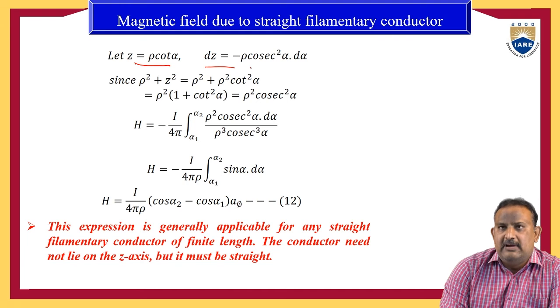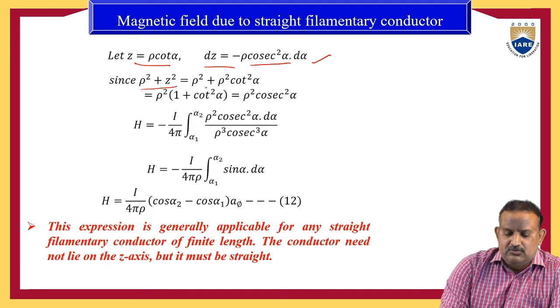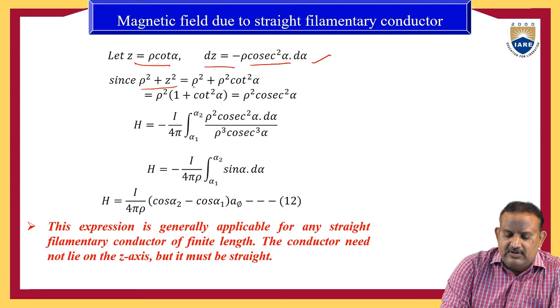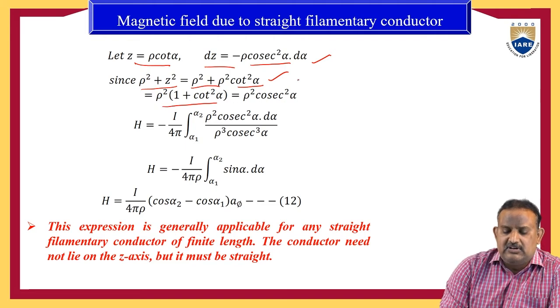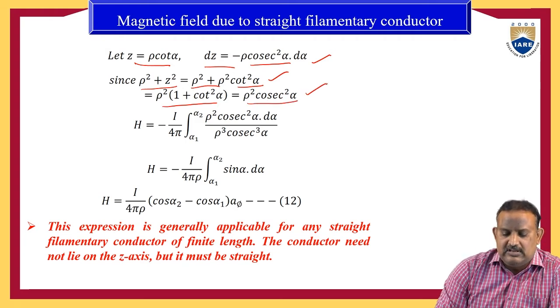Therefore, dz equals minus rho into cosecant square alpha into d alpha. We have rho square plus z square. In place of z square, if you substitute rho square cot square alpha, we get rho square plus rho square cot square alpha. Taking rho square common, it is rho square into 1 plus cot square alpha, and 1 plus cot square alpha is nothing but cosecant square alpha. So it is rho square cosecant square alpha.